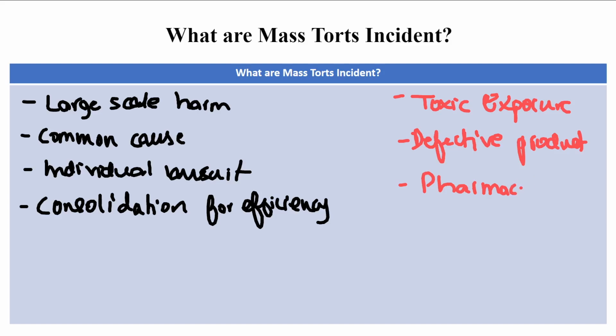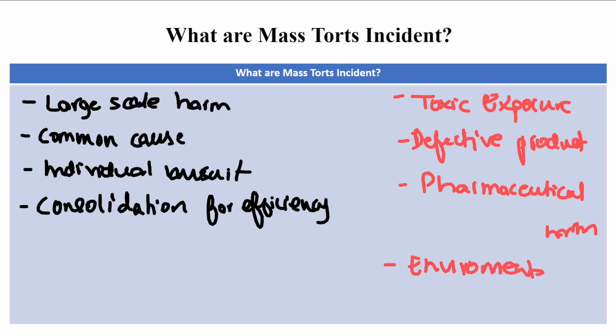So these are mass tort cases related to harmful drugs like the opioid litigation, where pharmaceutical companies were sued for their role in the opioid crisis.